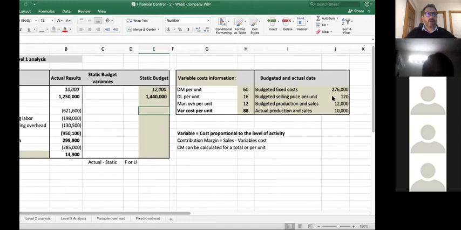For the direct materials, we get 60 times 12,000. For the direct labor, we have minus 16 times 12,000. We can see that everything is based on 12,000.